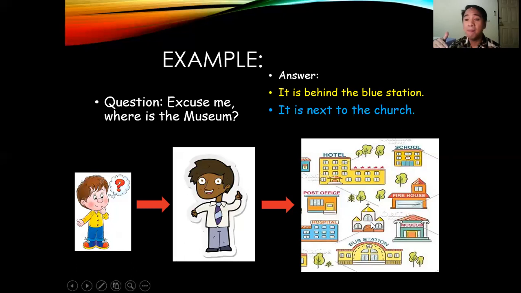The next building is the museum. So this is the church now, and next to that building is the museum. Okay, so the church is also a landmark which is near to the museum. Okay, so that's how you answer.